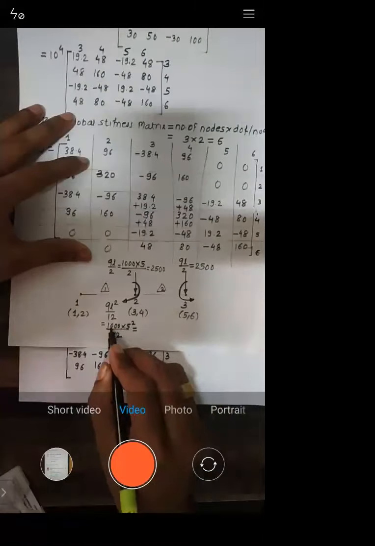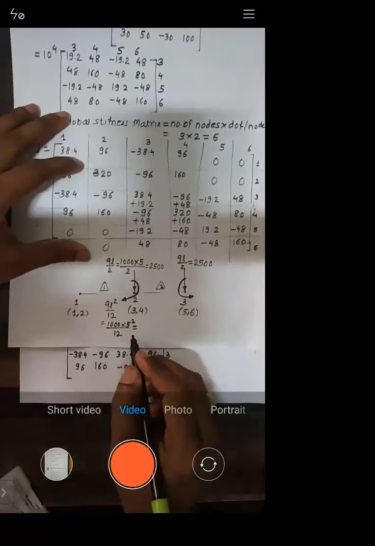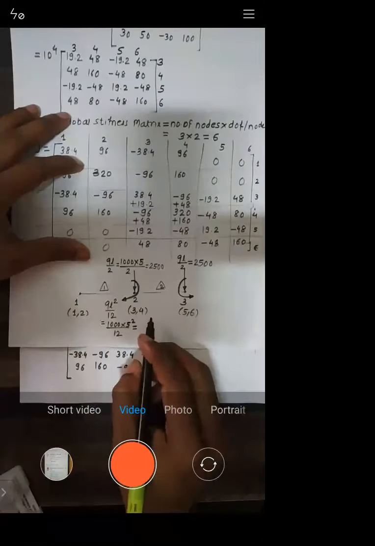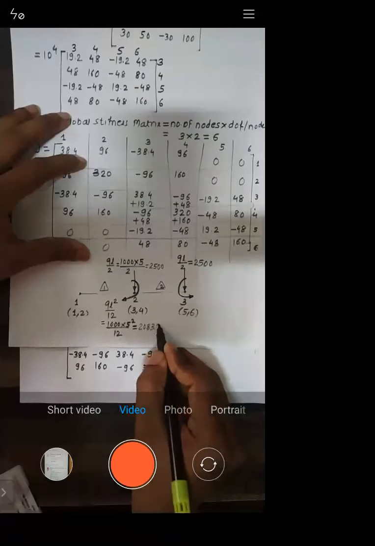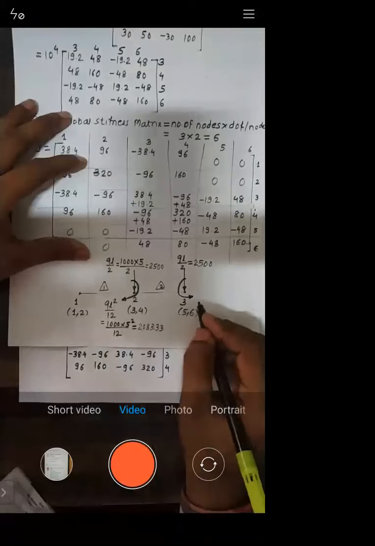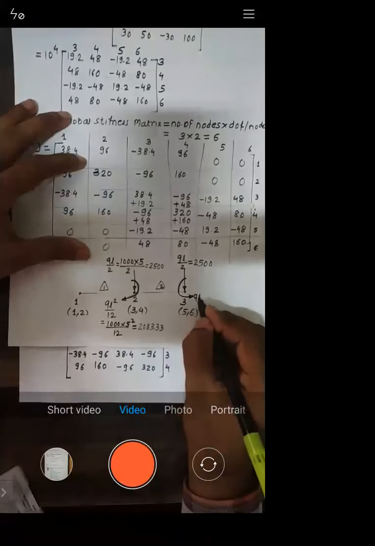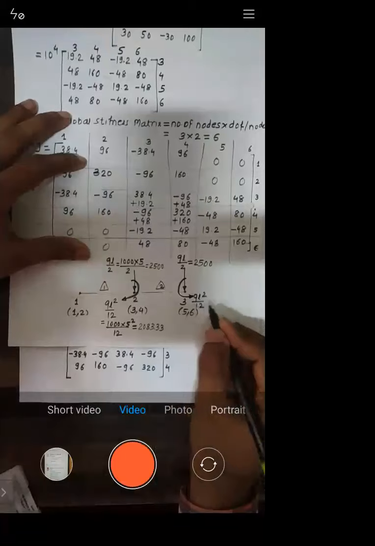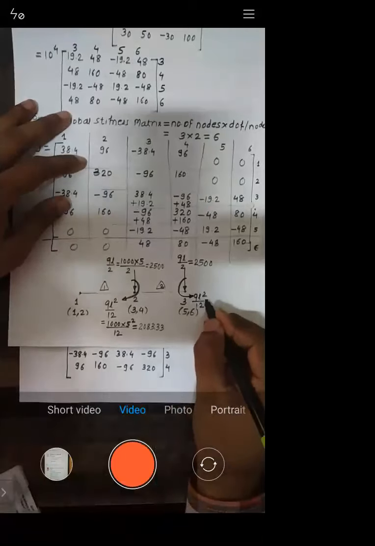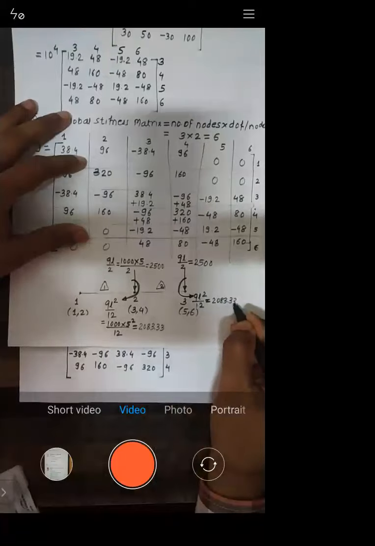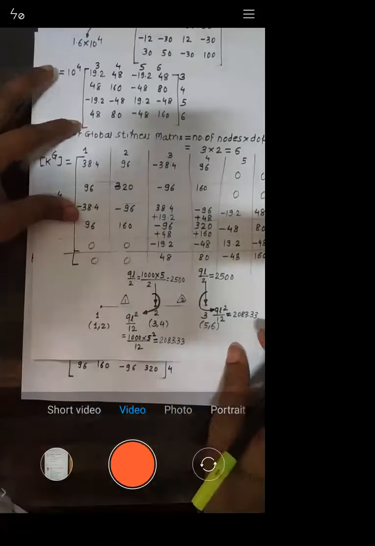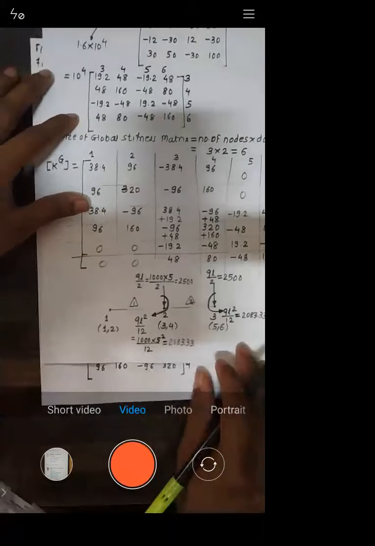Q is 1000 into 5 square by 12. 2083.33. So similar moment will be here, right? That is QL square by 12, that is equal to 2083.33. Is it okay? Yes or no?